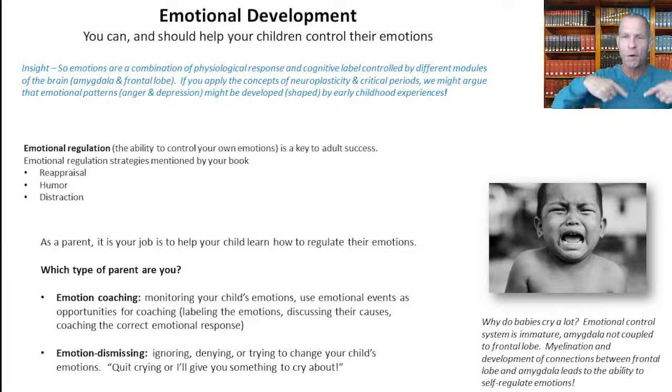And so over a period of time, what you try to do is get in the habit of using these regulation strategies. Now, what you're doing with your 2-year-old child is training these habits of thinking into them.